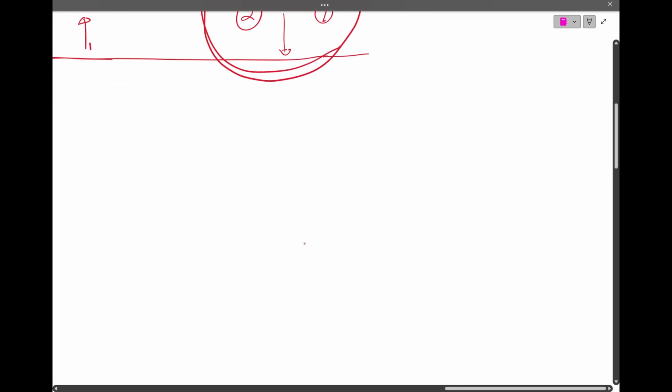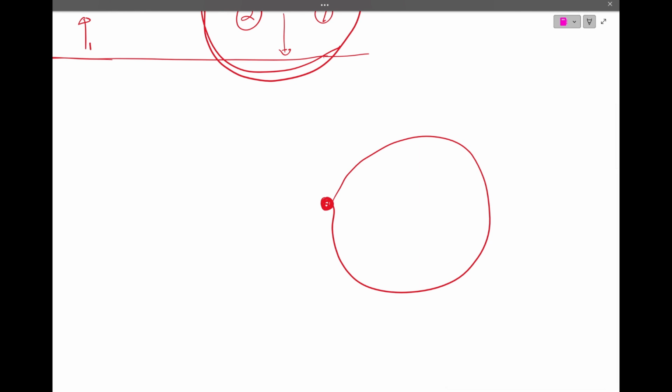As we have seen, if you have one antenna element here, the beam is like this. It's a wide beam in both horizontal and vertical directions.